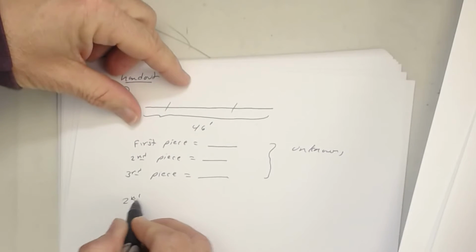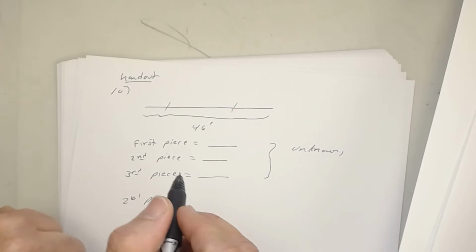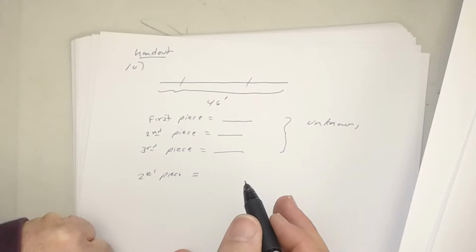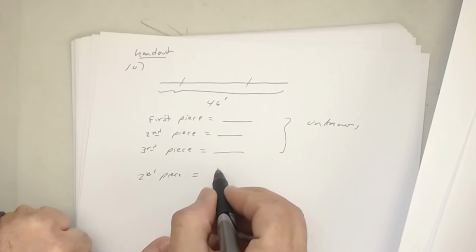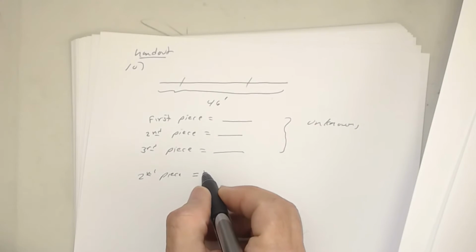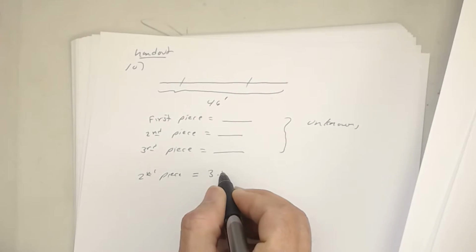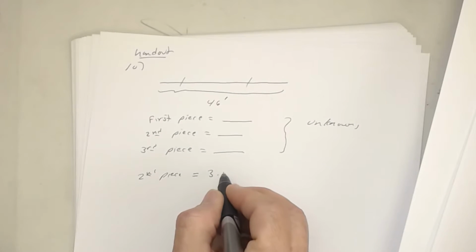The second piece is, meaning what? Equal. I'm writing it out. 2 feet, I'm sorry, wrong sentence. The second piece is 3 times as long as the first piece. So 3 times as long means what? 3 times. You're on the right track, but I'm going to write it as 3 times the first piece.